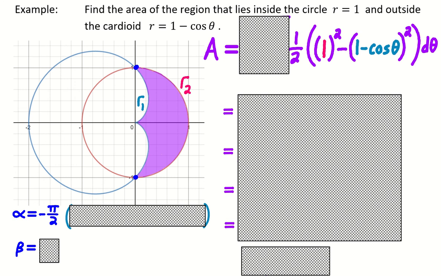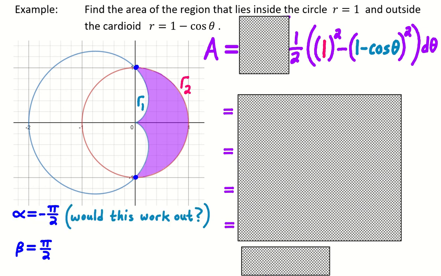So it looks like we're going from negative pi over 2 to pi over 2. We're starting here and going to positive pi over 2. But this is where I throw a pretty big wrench into our current world.